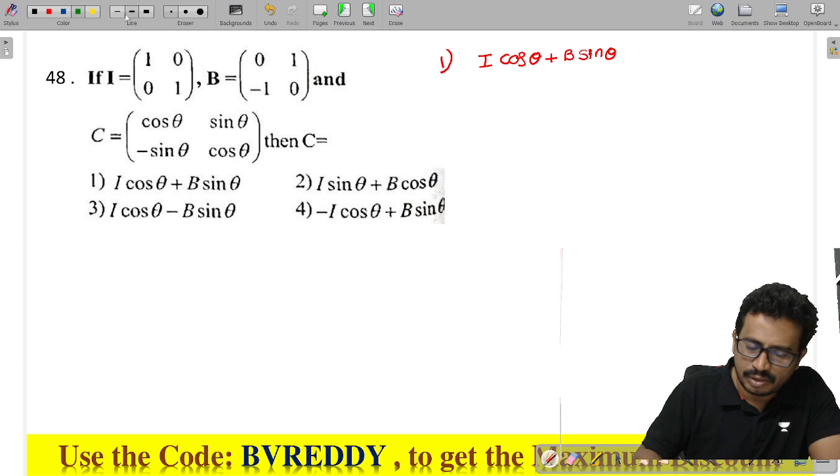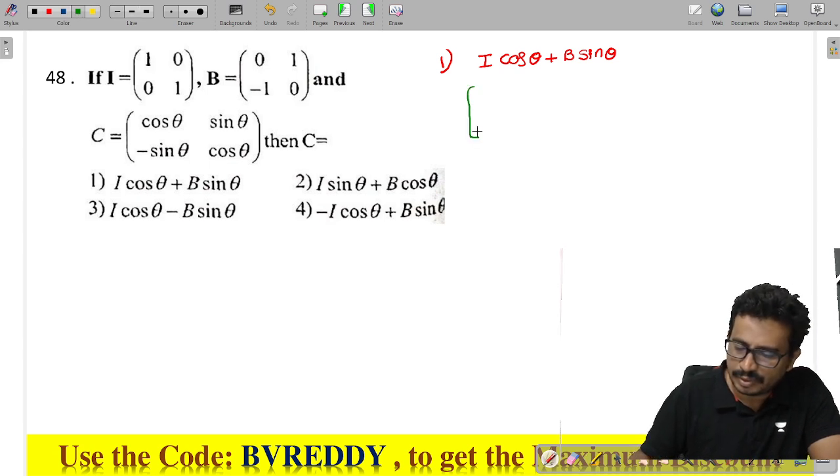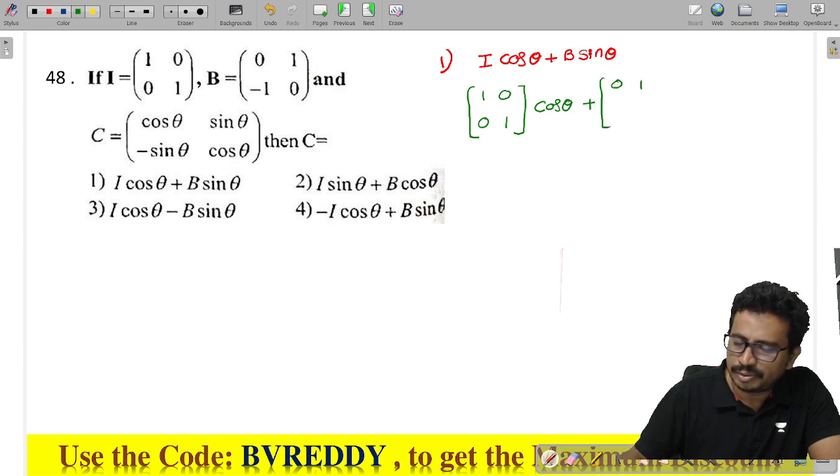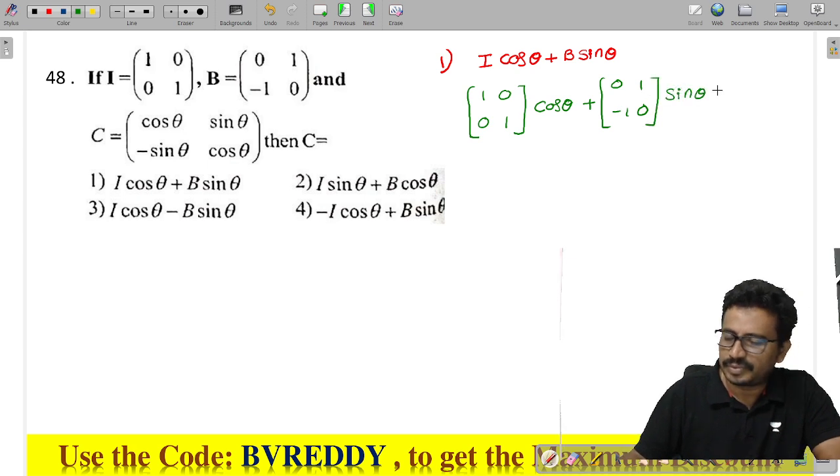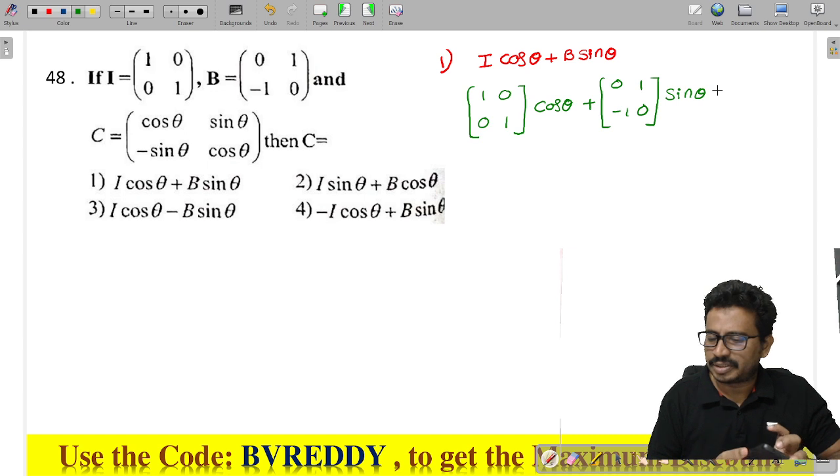Now you can see the I matrix, which is given as 1 0 0 1, multiplied by cos theta, plus the B matrix 0 1 minus 1 0, multiplied by sin theta.